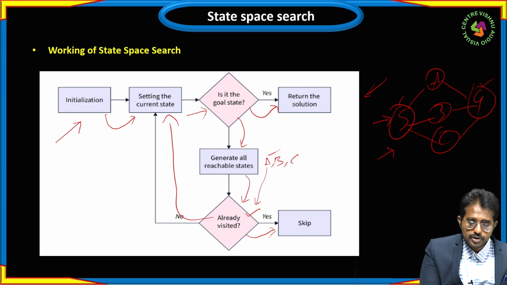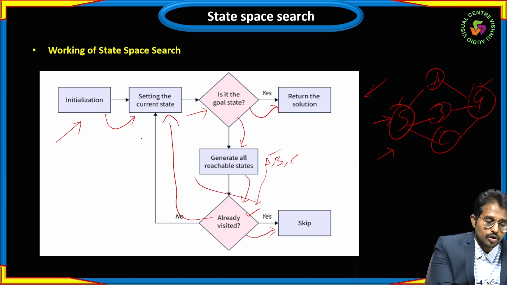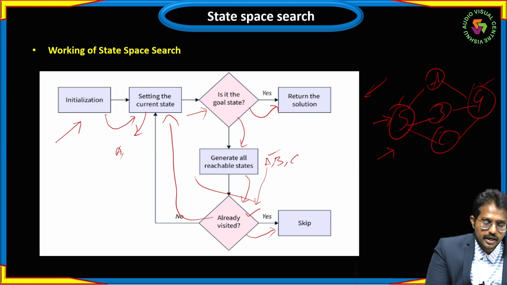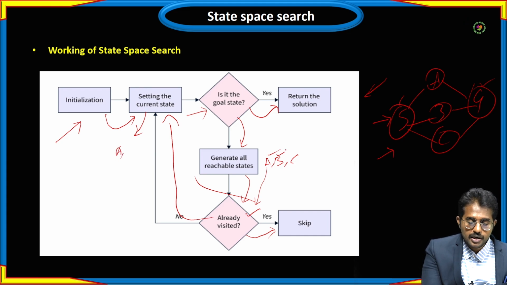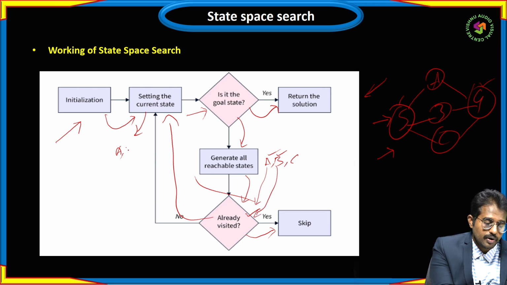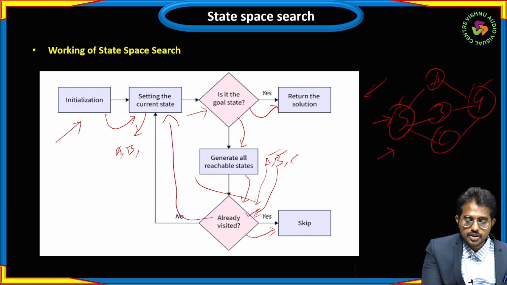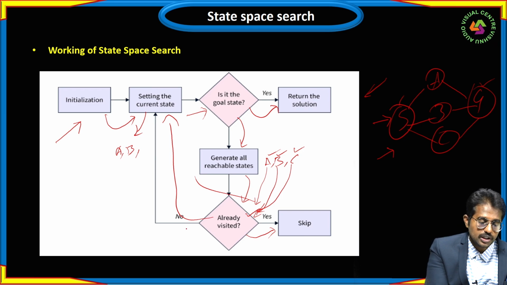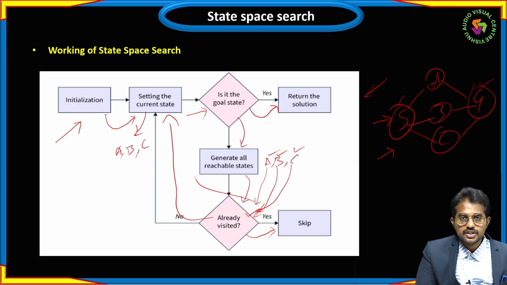It was not visited, so the current state now contains A. B is also not visited, so B is also added to the queue. Next C is checked; C is also not visited, so C is also added to the current state queue.